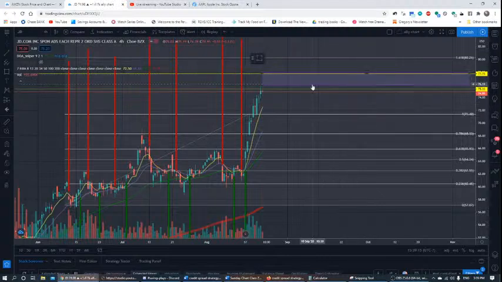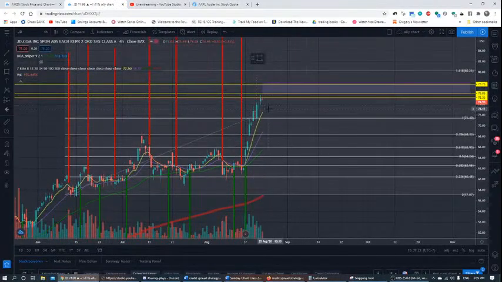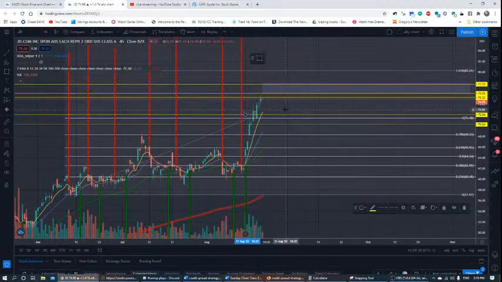This area would be a really good take profit. And if JD sells off, we can find some minor supports. This one would be a minor support right here, and this area right here, or maybe we can expand it, maybe like right there.